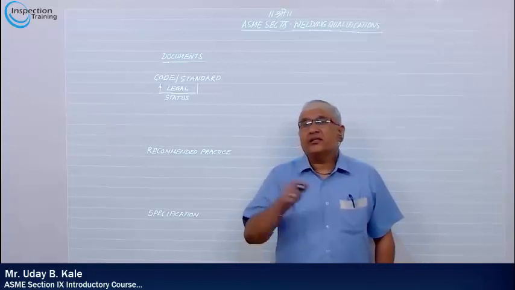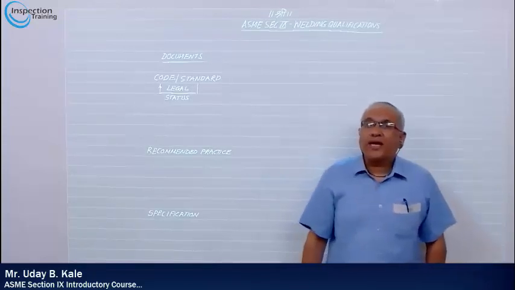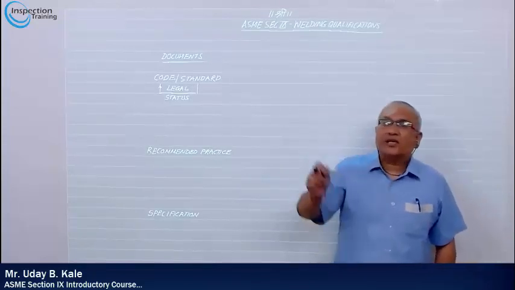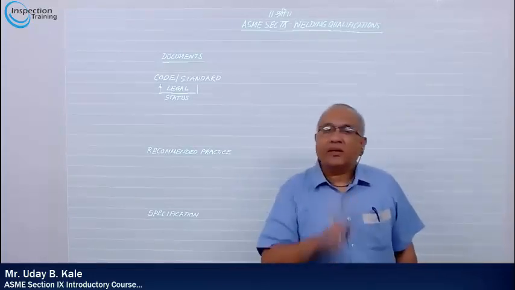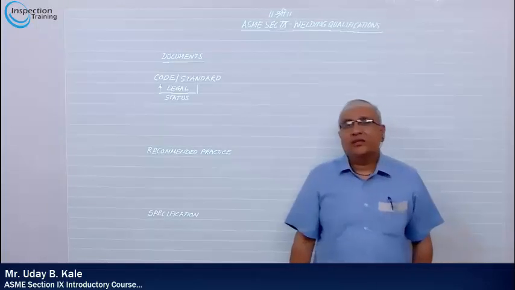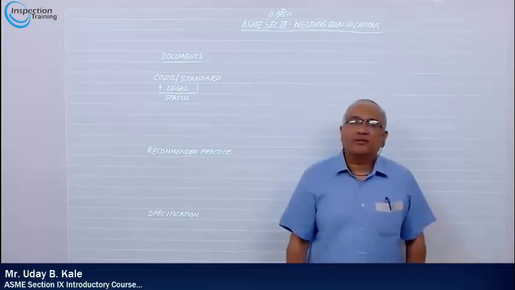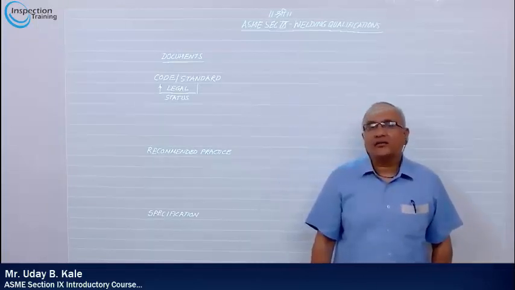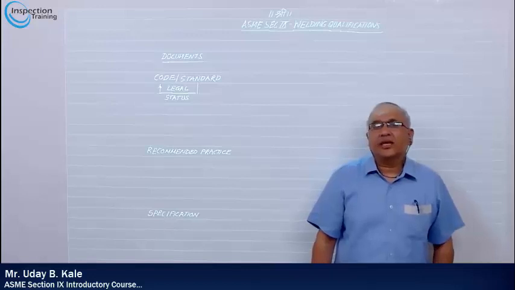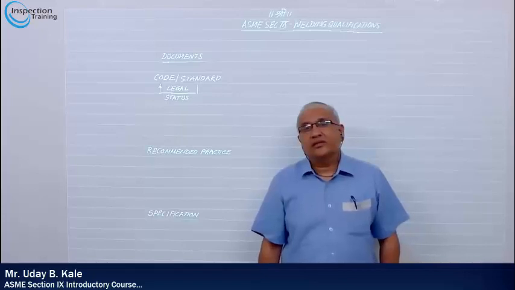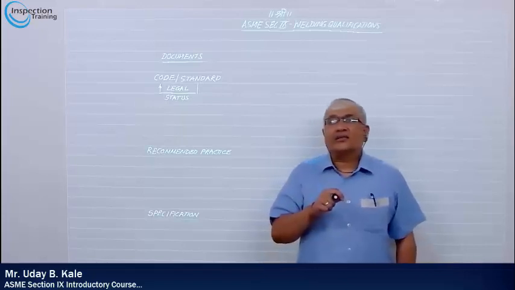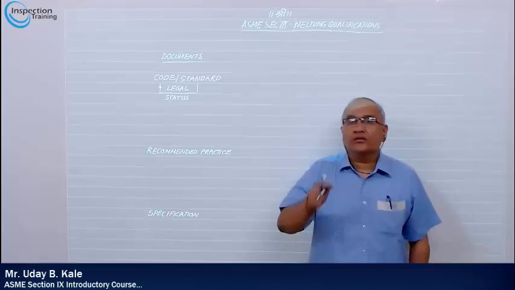It is basically law made by the government and passed in the parliament so that it can be made as a law. Another such example is IBR, Indian Boiler Regulation. This is another form of a code.